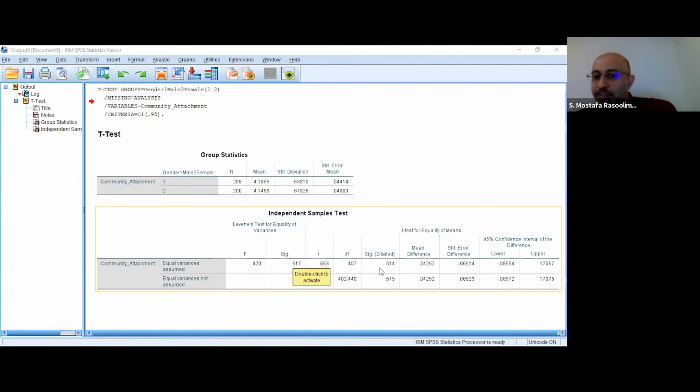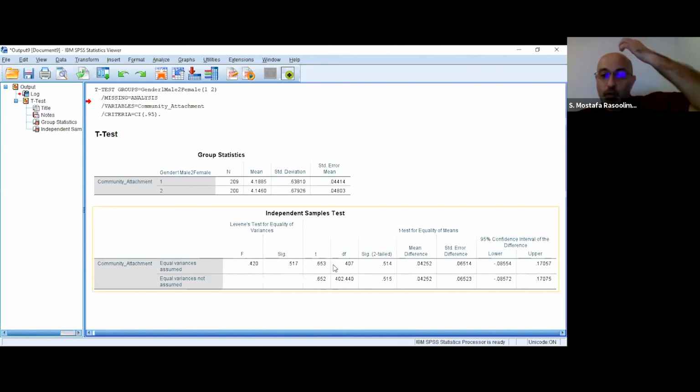So we need to interpret the result from the first row. If this significance, this p-value, is lower than 0.05, we need to interpret the other row and assume that the variances of these two groups are not equal, right? So for this case, we need to interpret the first row.